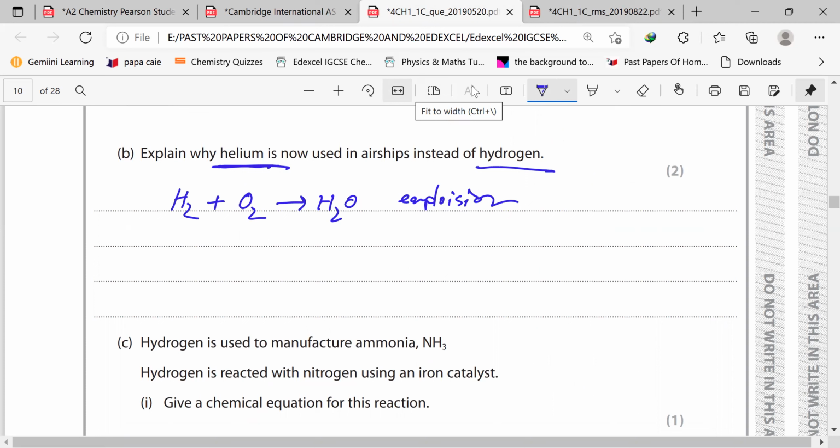Sometimes they ask, say you are using ethanol as a solvent, and they will ask why you should not use a flame, a Bunsen burner, because it is flammable, right? So what you need to use then, if you cannot use a Bunsen burner, is a water bath or hot water bath, right?